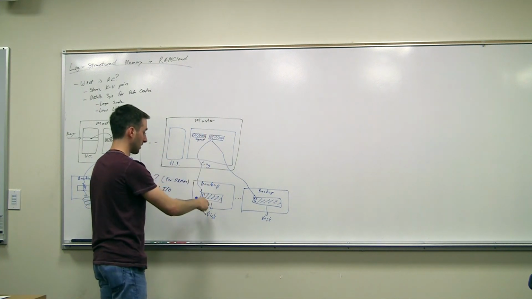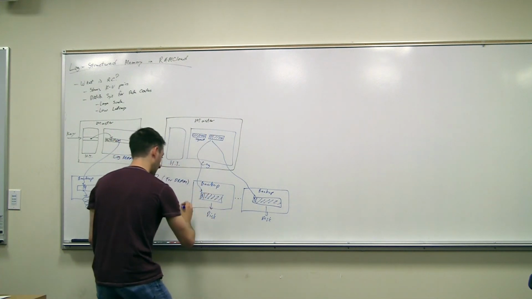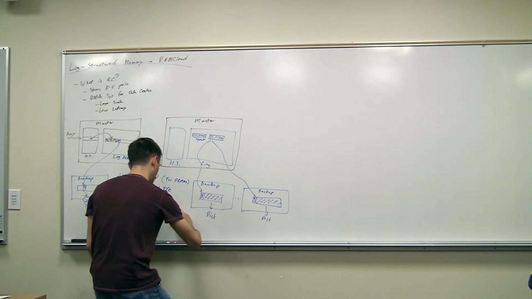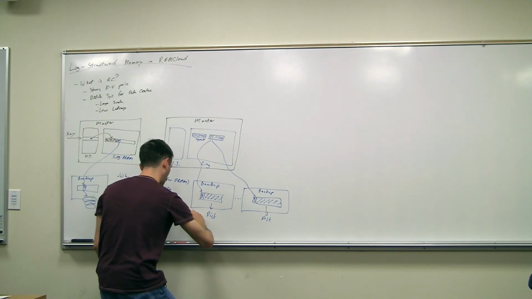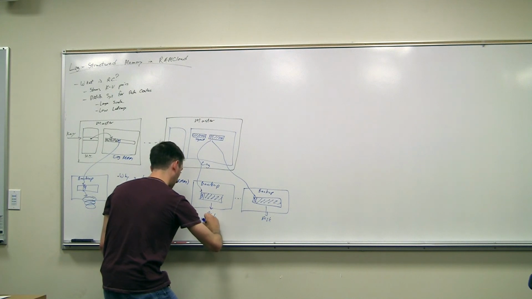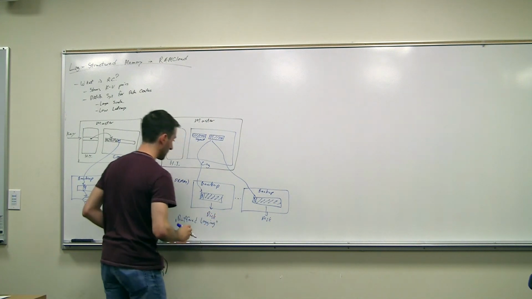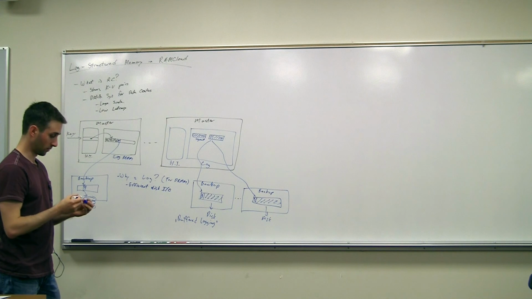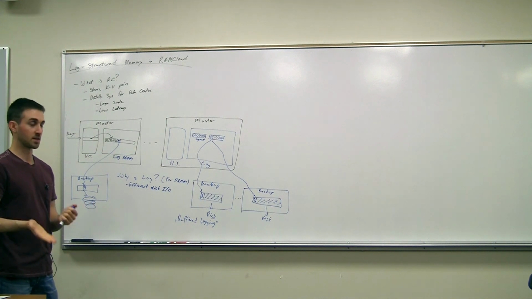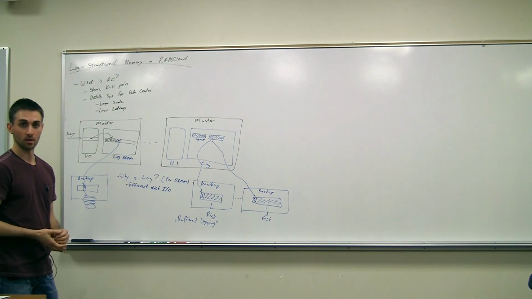And the whole reason why we do this, we actually call this buffered logging, is because we don't really want to issue a write to disk for every single object that we write to RAMCloud.